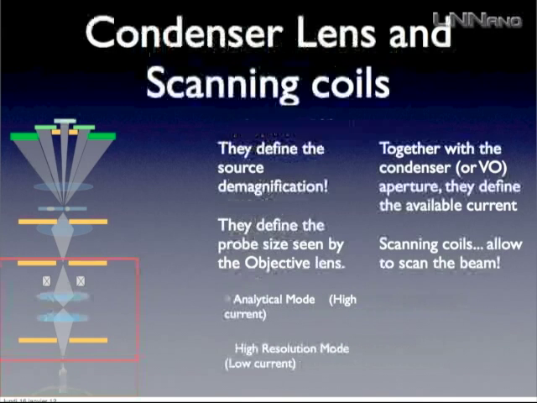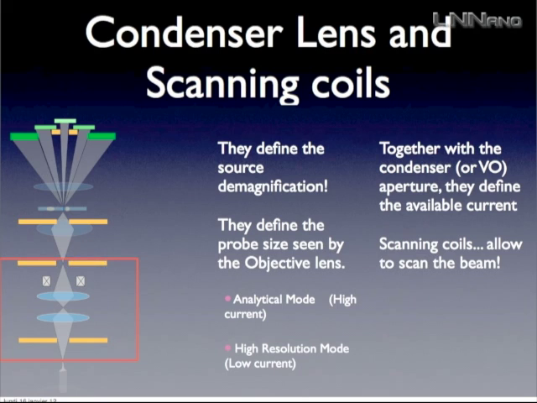So now the condenser lens. Here, this is a scheme with two condensers. Nowadays, most of the machines have at least 3 condensers, some mini lens and so on. And this set of condensers defines the probe size, the angle of incidence, and the current.